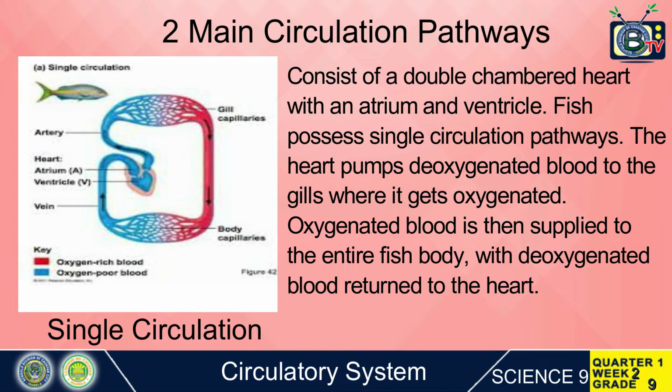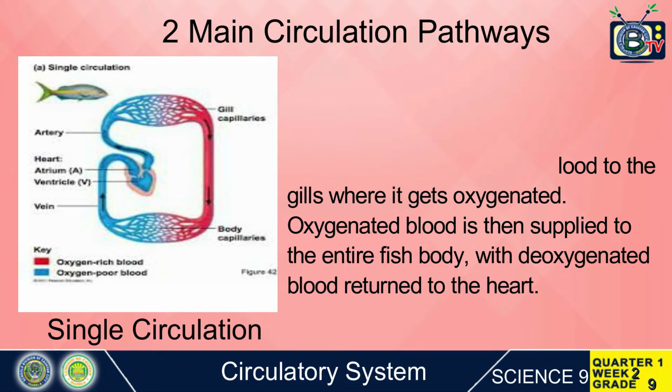Fish possess single circulation pathways. The heart pumps the deoxygenated blood to the gills, where it gets oxygenated. Oxygenated blood is then supplied to the entire fish body, with the deoxygenated blood returning to the heart.